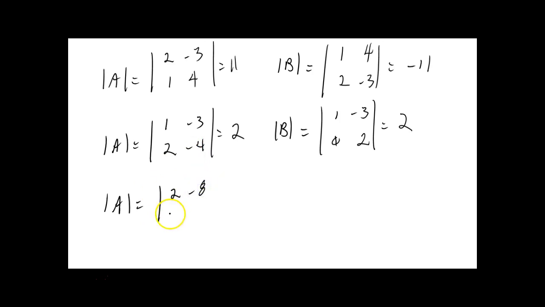What's this determinant? 2 times 9 is 18. 18 minus 16.